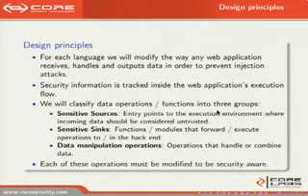And data manipulation operations are those in which we must handle this security data and propagate the security information of the data inside the web application. So each of these operations must be modified to be security aware.